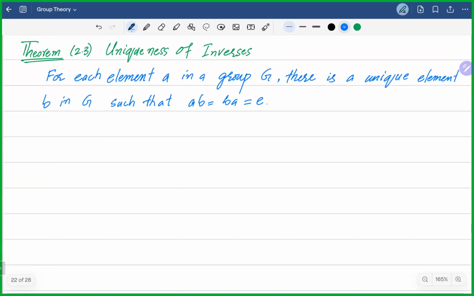Now we can prove this by assuming that there are two inverses for a single element.